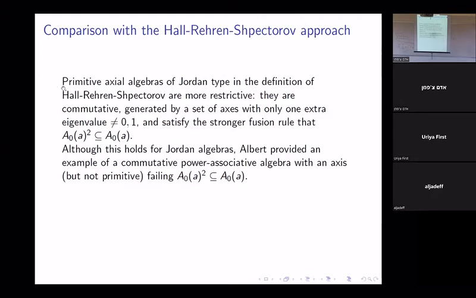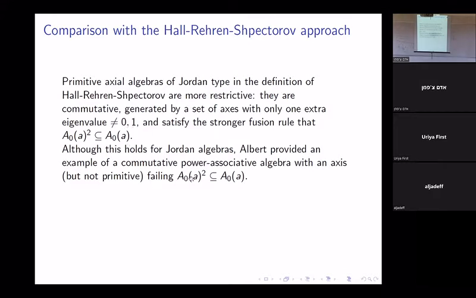Okay. So here, Rowen and Segev, they took commutative, they only had 1 extra eigenvalue, and they also have the stronger fusion rule that A0 squared is in A0. And it turns out that, I said that for primitive axial algebras, this is true.